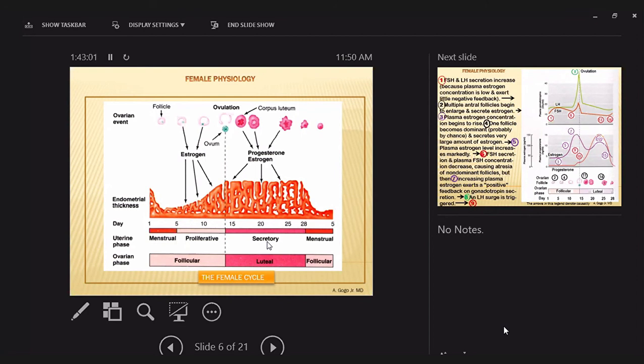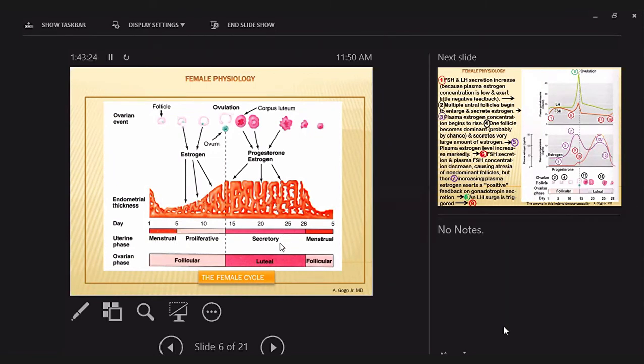It is the progesterone that is responsible for the thickness and the nutrition of the ovum so that it can be implanted on the endometrium.